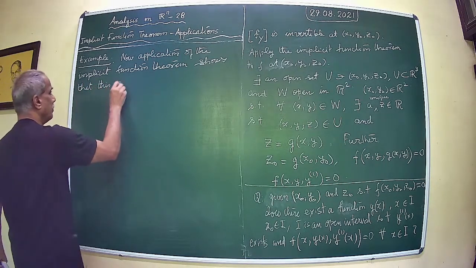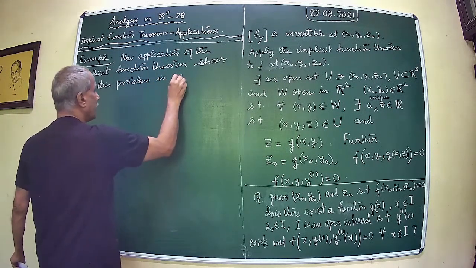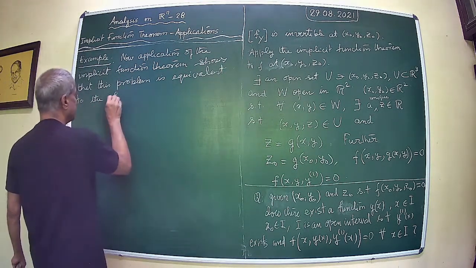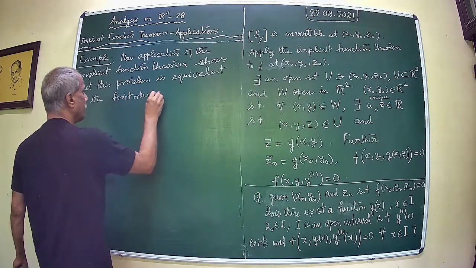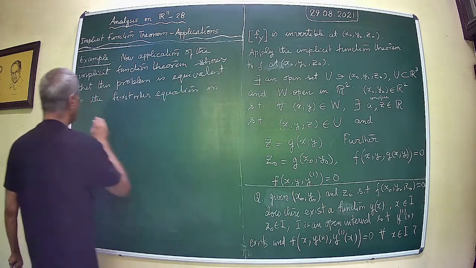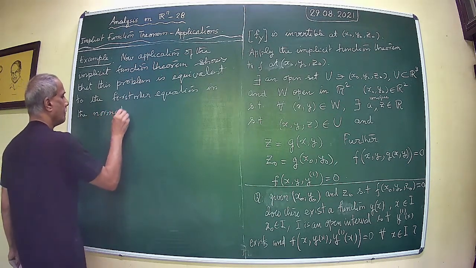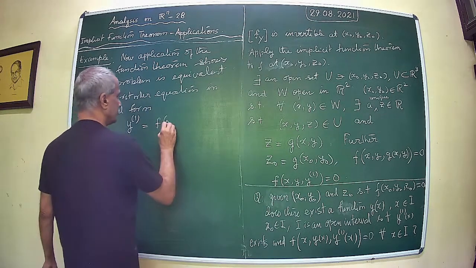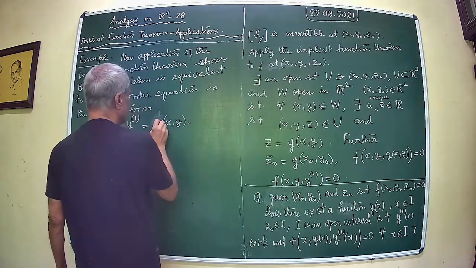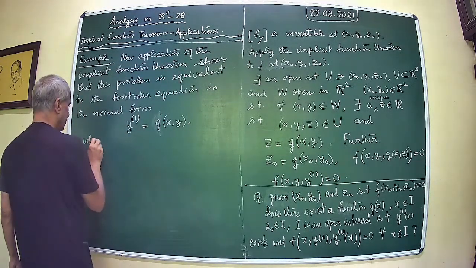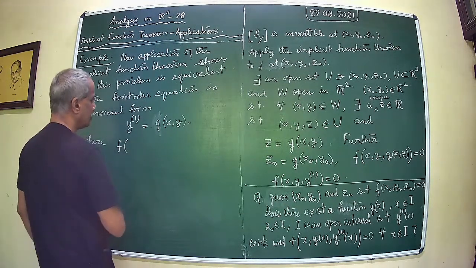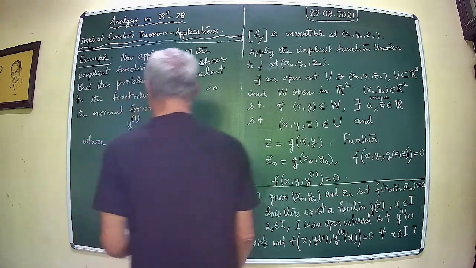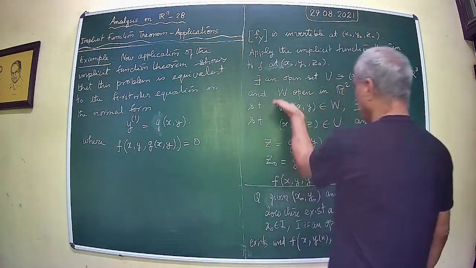This problem is equivalent to the first order equation in the normal form, y derivative equal to g of xy, where of course xy belongs to the particular W that we have identified.